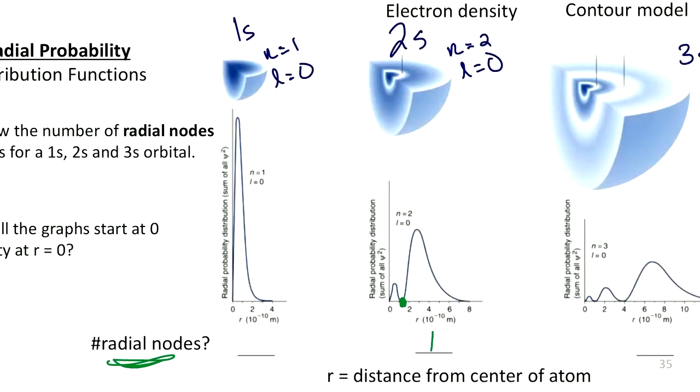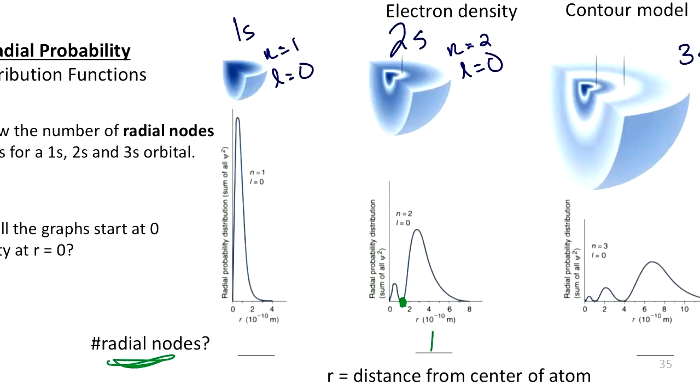So a 2s electron, if we look at the radial probability graph, has one radial node, a spot where you'll have a 0% probability of finding an electron between n equals 1 and n equals 2. That's basically what that means: the idea that we can only have electrons in integer value energy levels. So most of your probability will be finding an electron either here or up here, a little bit further away from our nucleus.